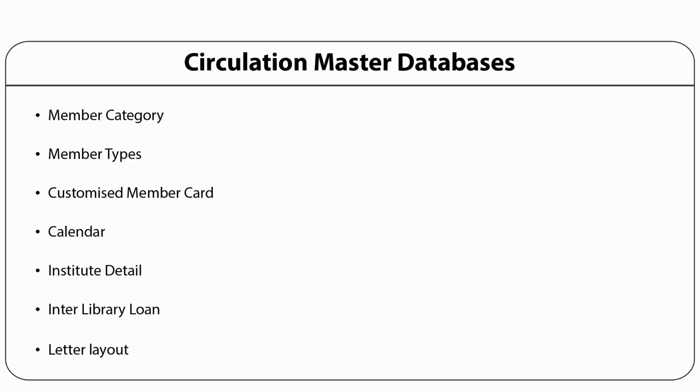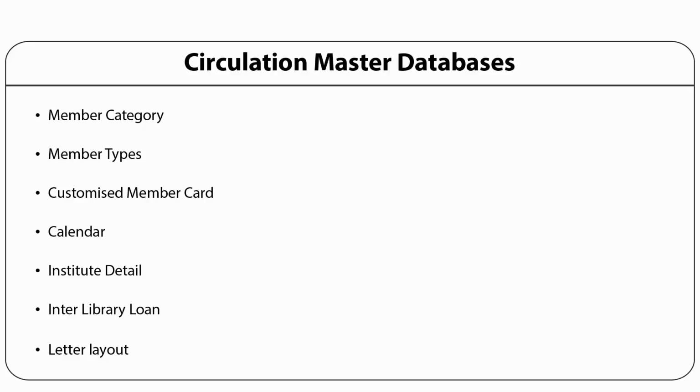This also takes care of calculating overdue charges wherever applicable. Number 5, institute detail. This module enables one to create any number of institutions with their code, name, and address.